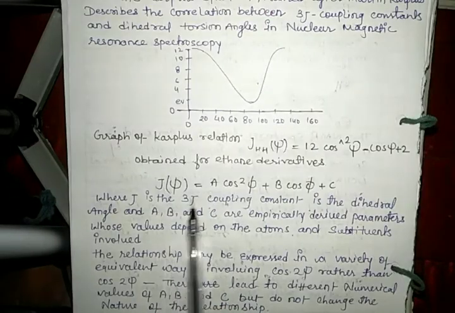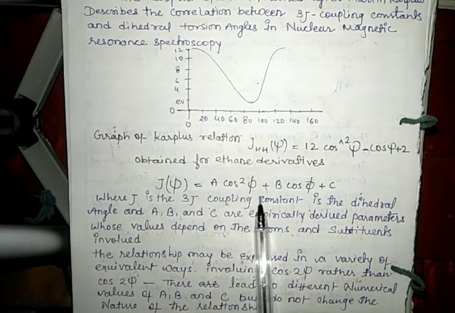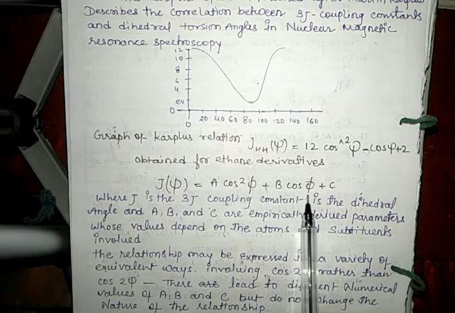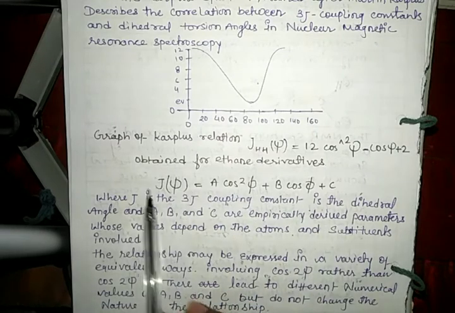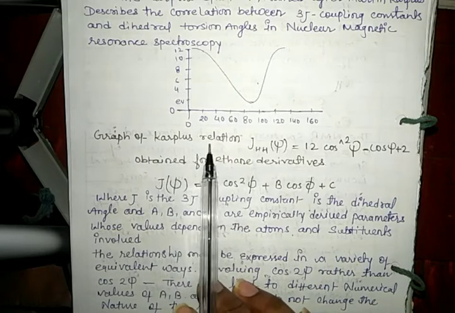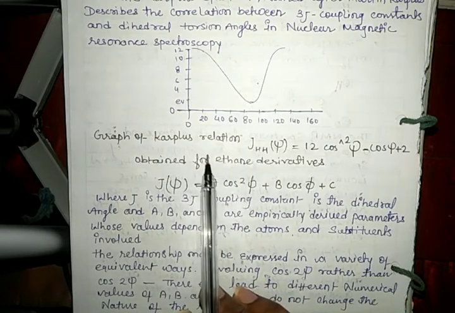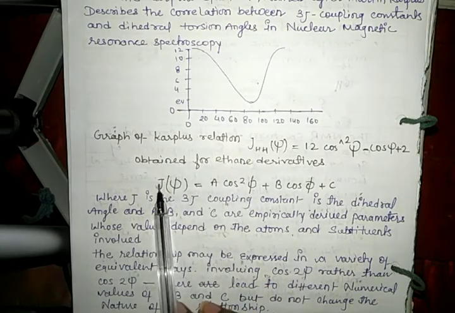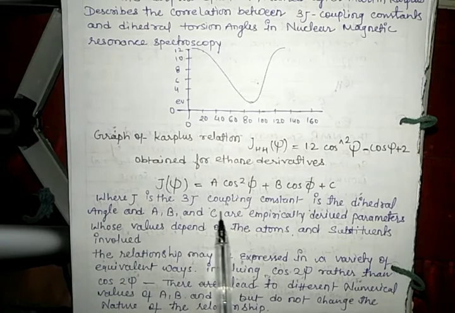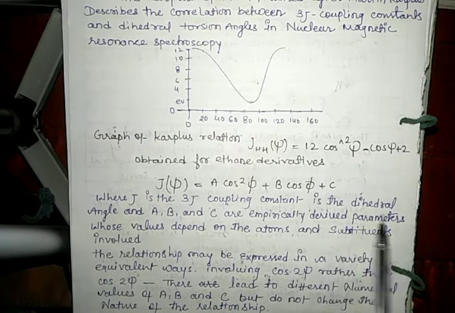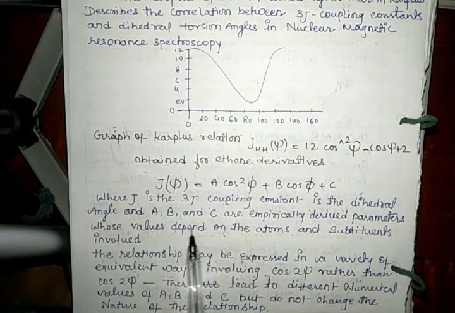Here J(phi) equal to A cos square phi plus B cos phi plus C. So this is the equation for Karplus curve variation of coupling constant, where J is the 3J coupling constant, phi is the dihedral angle, and A, B and C are empirically derived parameters whose value depends on the atoms and substituents involved.